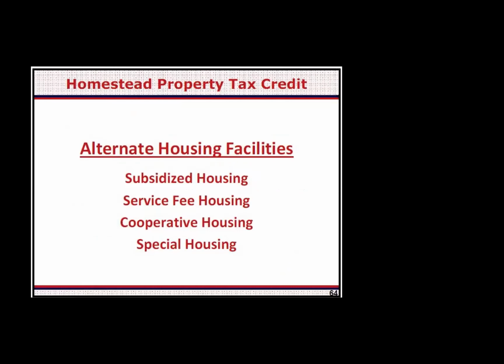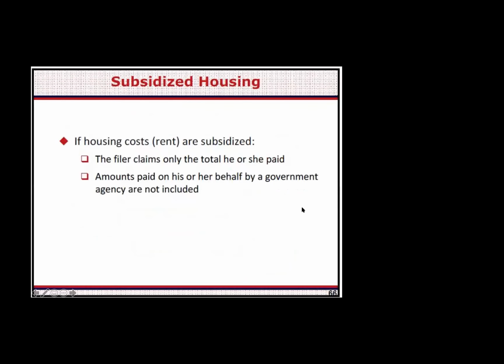Okay, now Part 3 of the homestead property tax credit in the software is alternate housing facilities, and it's a whole hodgepodge of things. So in subsidized housing, the state has this as a category, and they want you to identify it, but it's still 23% of the rent the client paid.